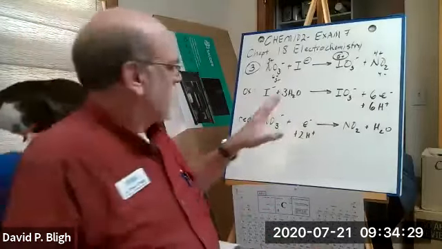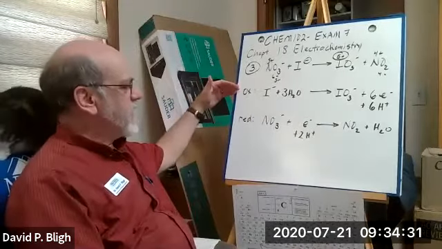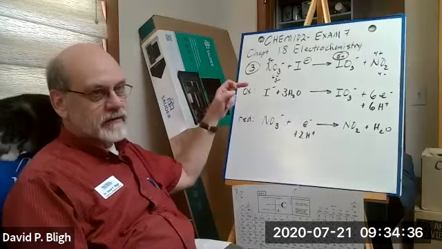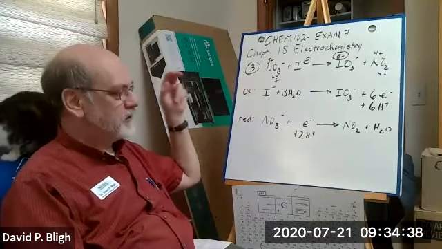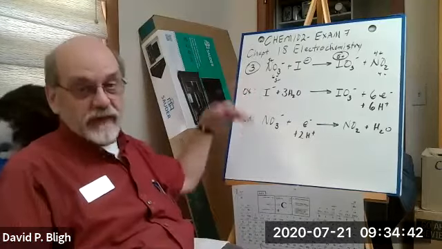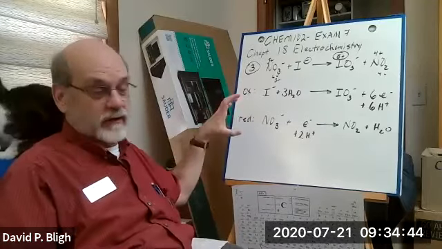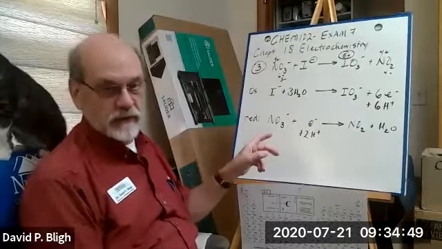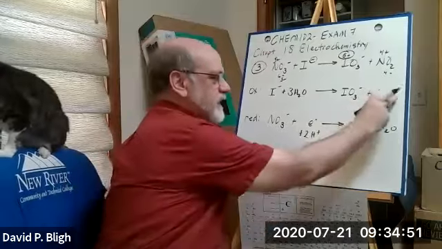Okay, so we've identified an oxidation reaction, a reduction reaction. We've balanced the elements. We balanced oxygen. We balanced hydrogen. Now we need to reconcile the two equations before we can add them together. And you do that by going to the electrons. So we've got 6 electrons here.